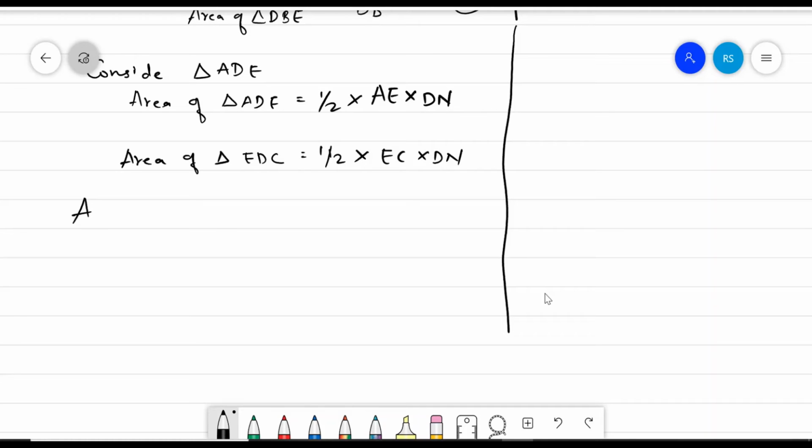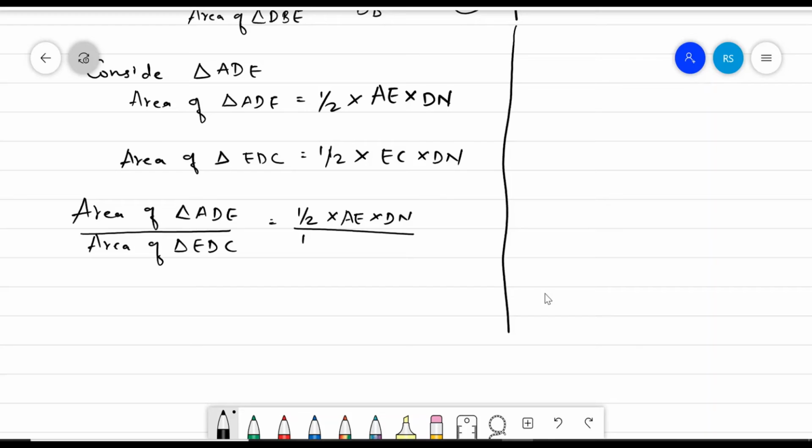We'll divide: area of triangle ADE upon area of triangle EDC is equal to half AE into DN upon half EC into DN.